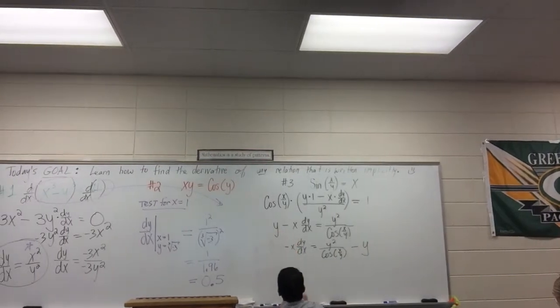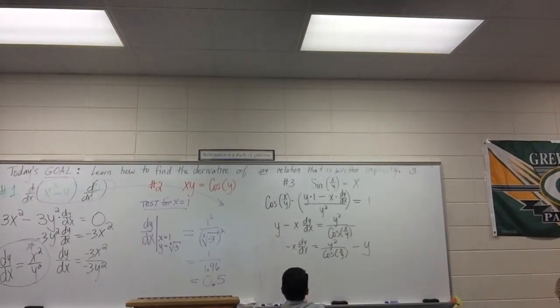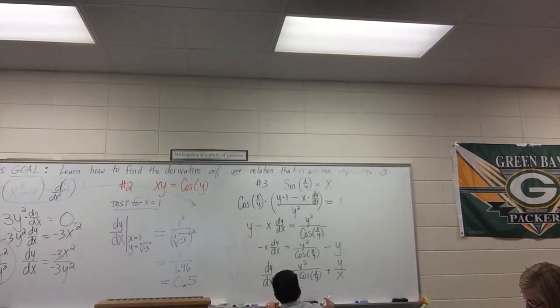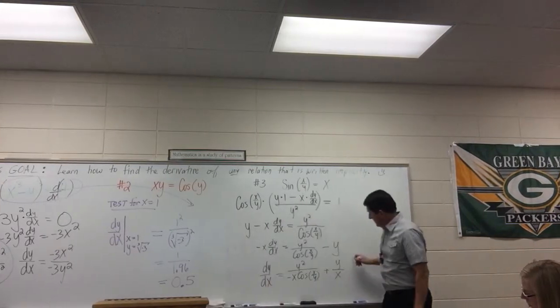That's the subtraction of the y. And then divide the whole thing by negative x. dy/dx is equal to, and when I do it, I'm going to do each one of them. So it's going to be y squared over negative x cosine of x over y, minus, plus that is, y over x.